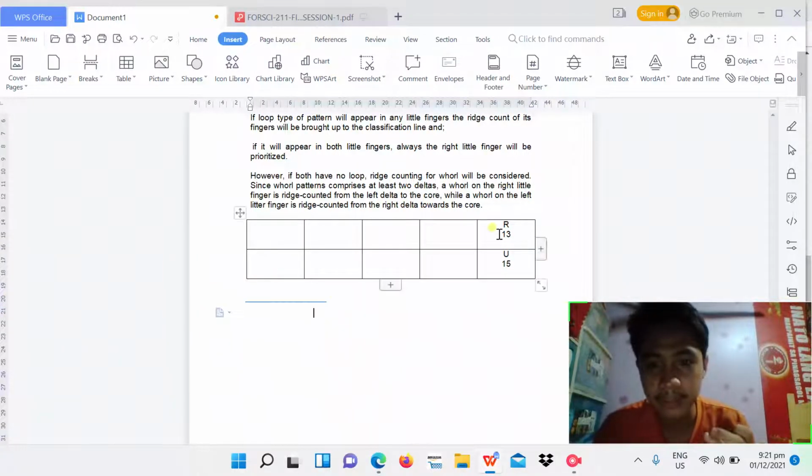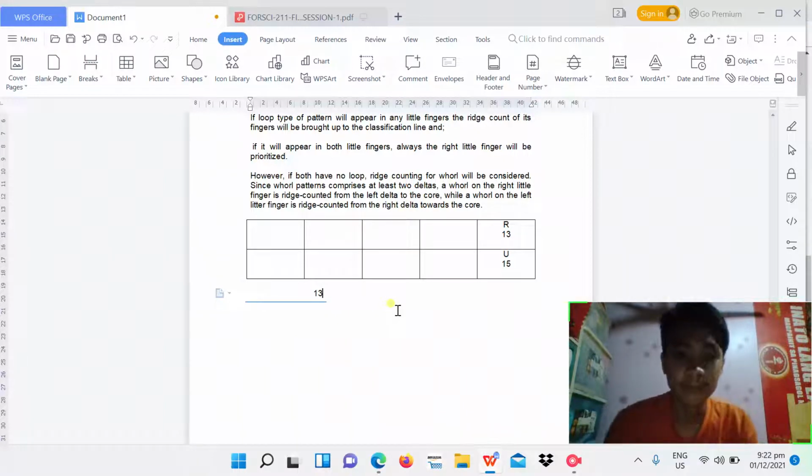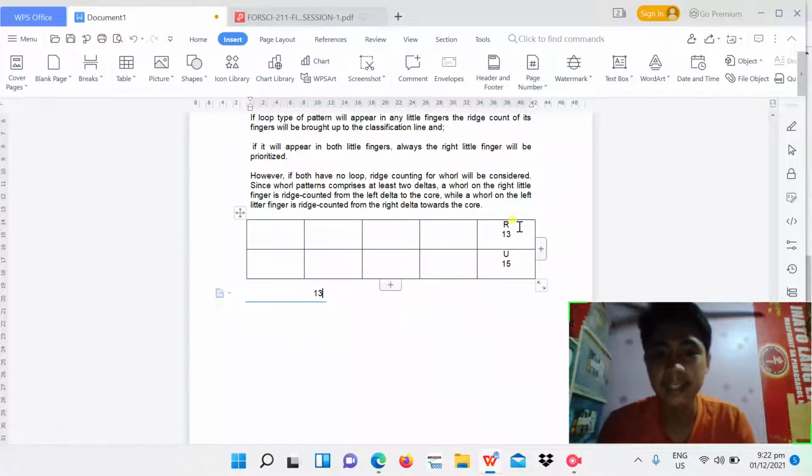Since the radial loop on the right little finger is the priority of this classification, and you got it in the right little finger, it is placed on the numerator, so you will put 13 here.